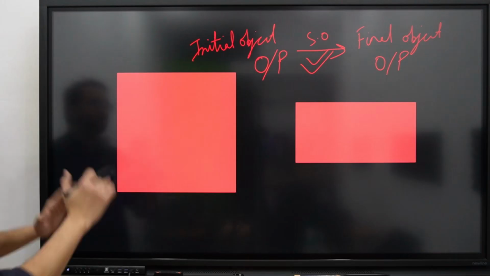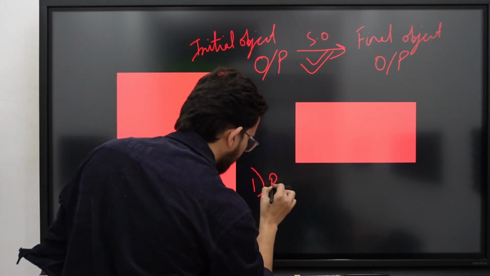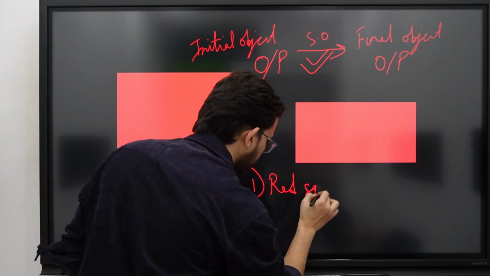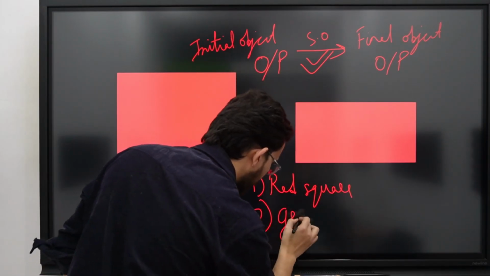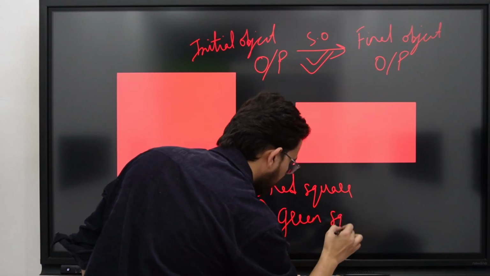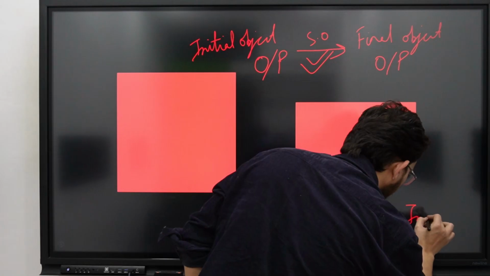Now let us look at this square. We have a red square, and behind the red square we have a green square as well. The green square is our initial object.